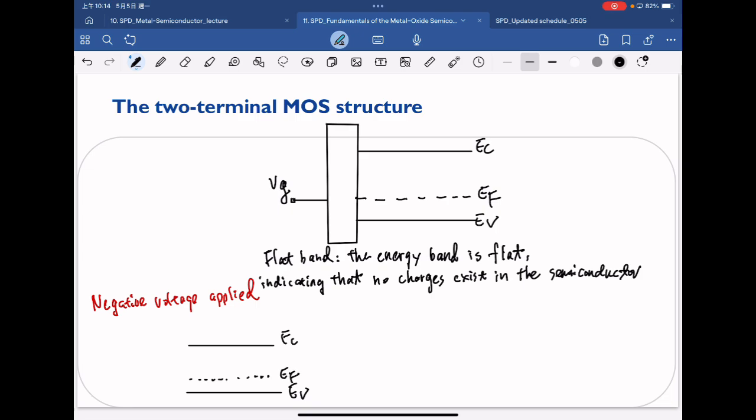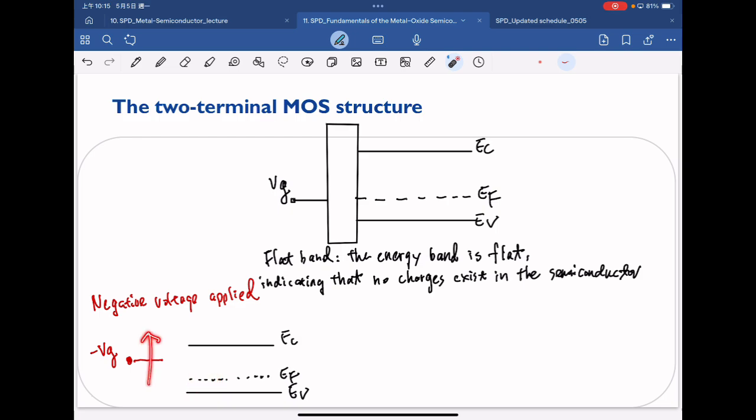But now, because we apply the negative gate bias, the Fermi energy of the metal will lift up. Therefore, the Fermi level of the metal and the Fermi level in the semiconductor are not the same anymore.